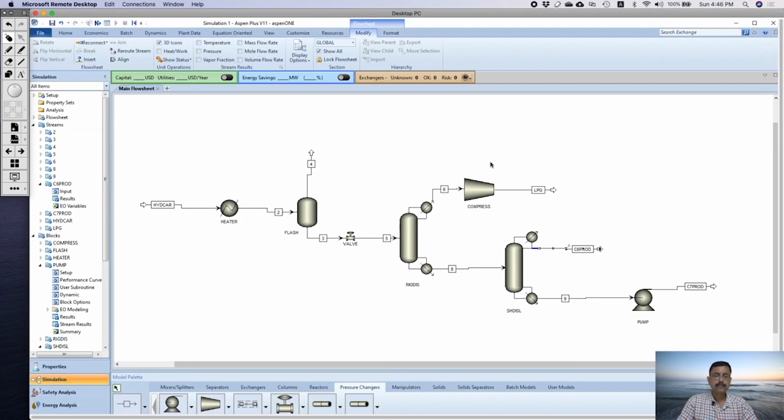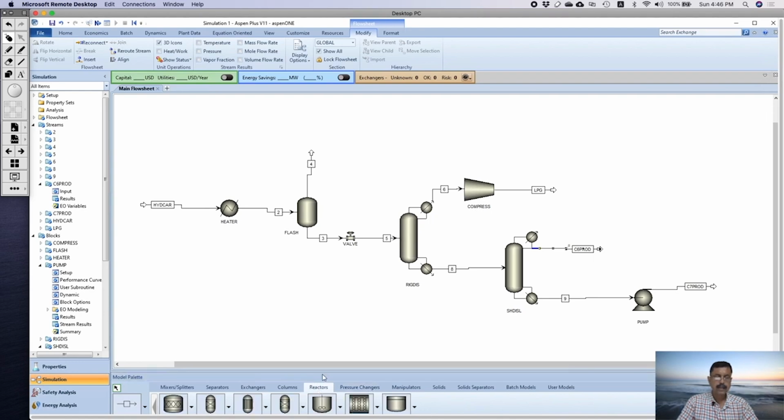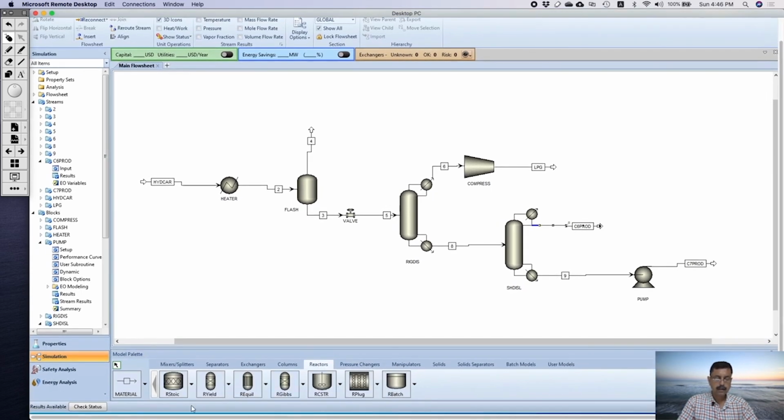So for that we have to bring in the reactor. There are several reactors: yield, stoichiometric, equilibrium, Gibbs free energy, CSTR, plug flow, batch. We will use the stoichiometric reactor. So bring in the stoichiometric reactor over here.